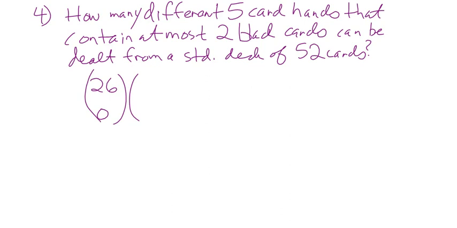Then how many red cards are there? And how many reds will we need if we choose no blacks? 5. Okay, so we are getting no black cards, or 1 black card, or 2 black cards. The word or is associated with the operation plus, right? So we're going to add. So what comes next?